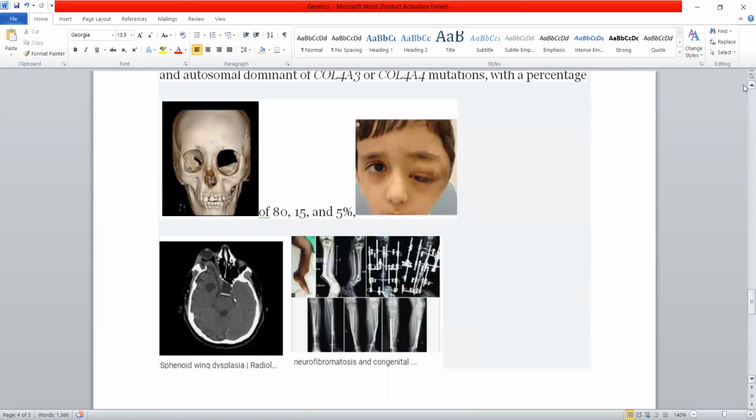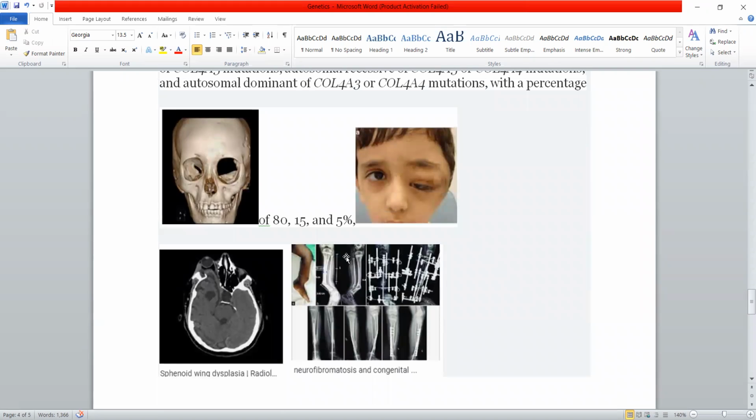Now, other diagnostic criteria for neurofibromatosis is sphenoid wing dysplasia. You can see in this diagram that there is no sphenoid bone in the orbit. So there will be herniation of the brain tissue. You can see in this diagram as well.